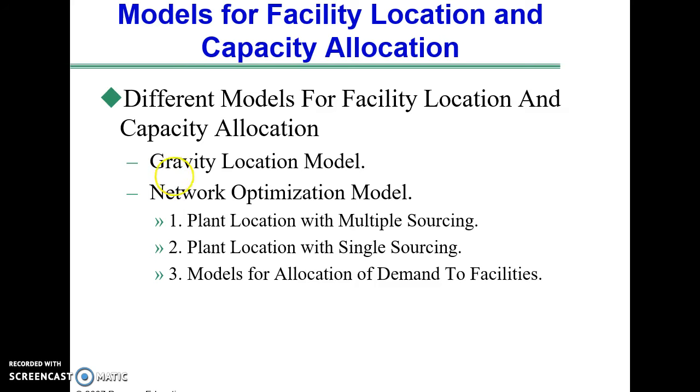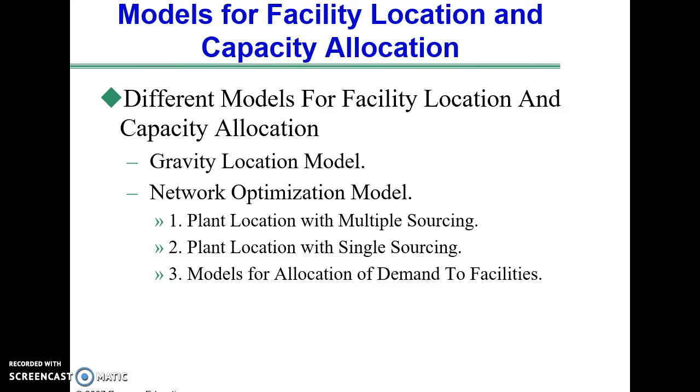Now there is one more type of network optimization model, which is models for allocation of demands to facilities. This model is mainly used for deciding how much capacity or how much demand has to be allocated to a particular facility.